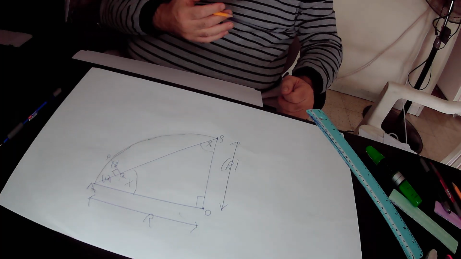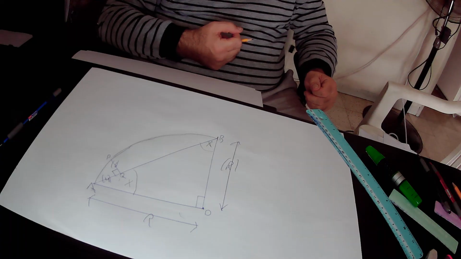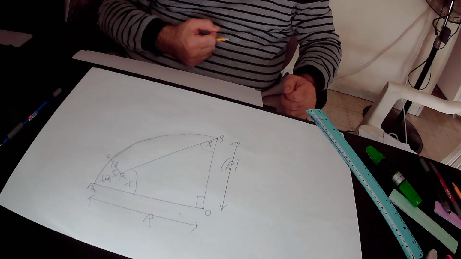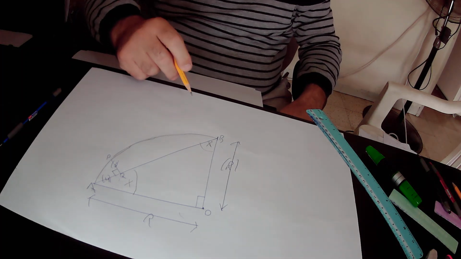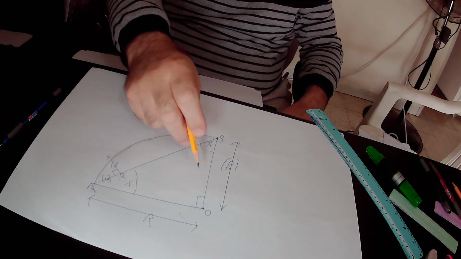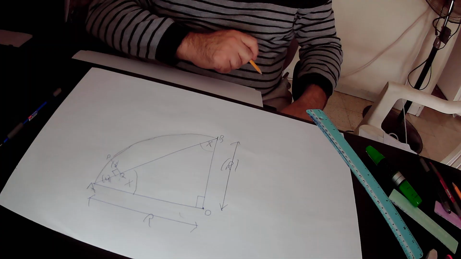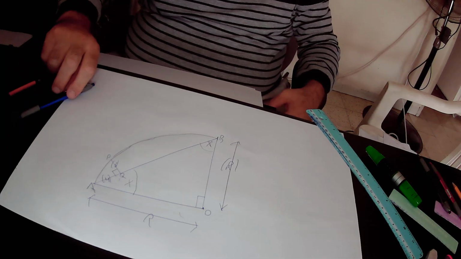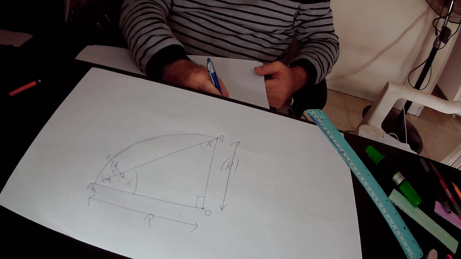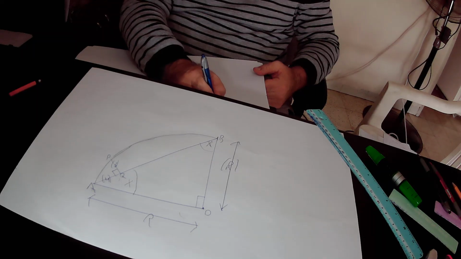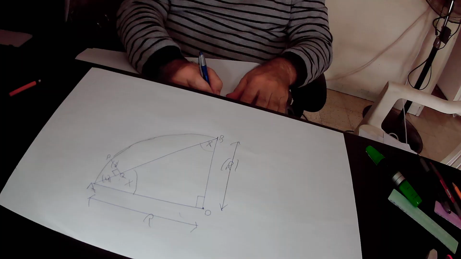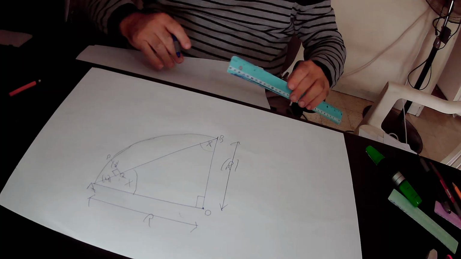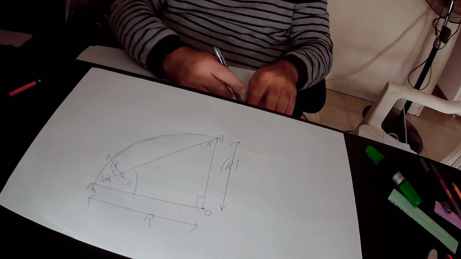We also know that the sum of the angles in a triangle is equal to 180 degrees. So which angles do we have in this right triangle AOB? x plus x is 2x, plus 90 degrees, in total must be equal to 180 degrees. That is to say, 2x plus 90 degrees equals 180 degrees.